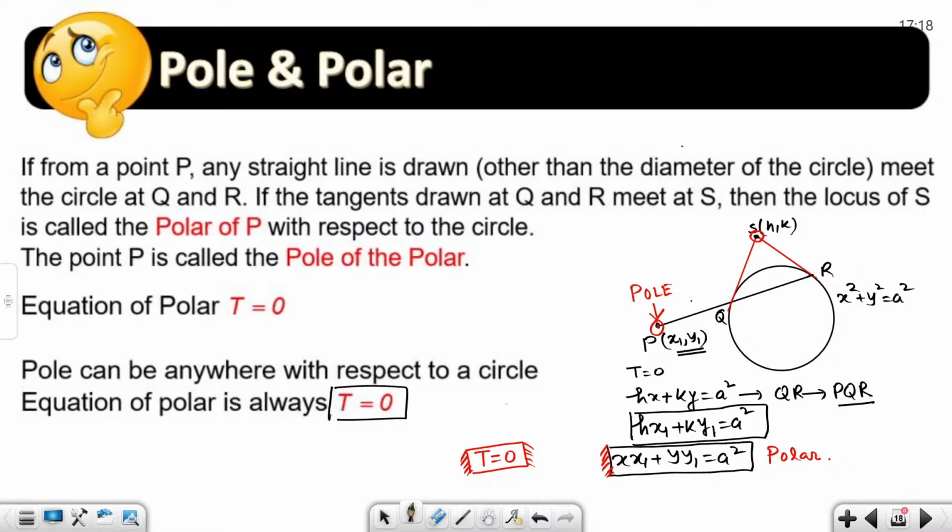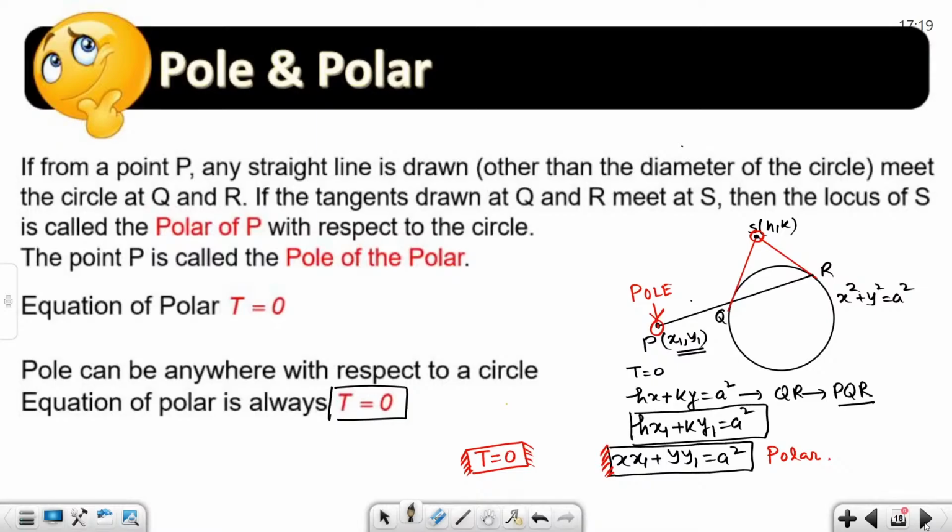And if the pole is lying outside the circle, the polar will be the chord of contact. If the pole is inside the circle, then the polar T equals to 0 has no name. It is just a straight line. But the equation is T equals to 0. And if the point, that is the pole, is on the circle, then the polar is the tangent to that circle at the pole. Are you getting my point? So these three things you have to remember for pole and polar.